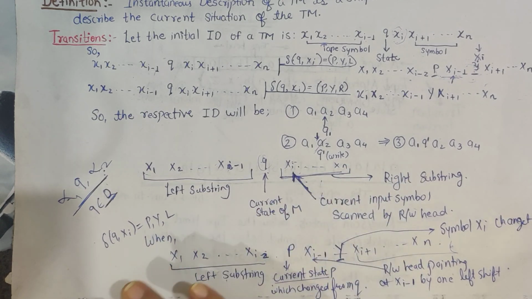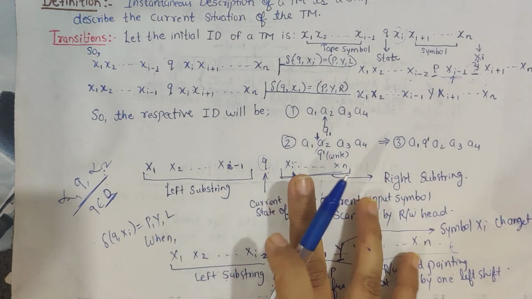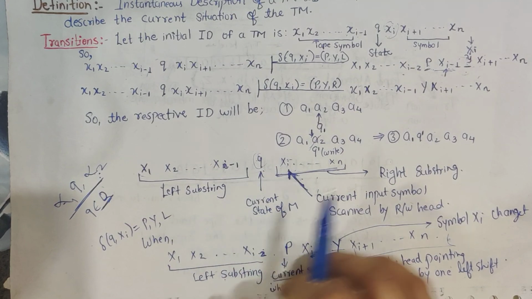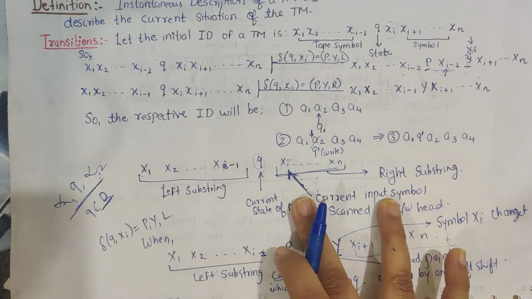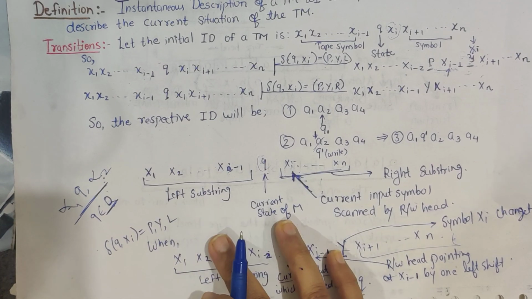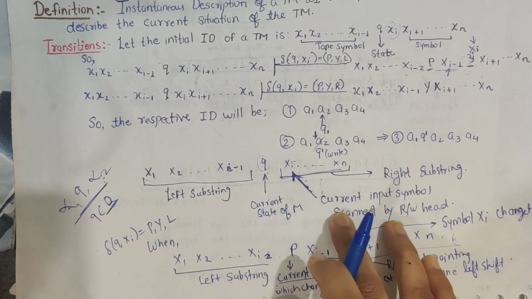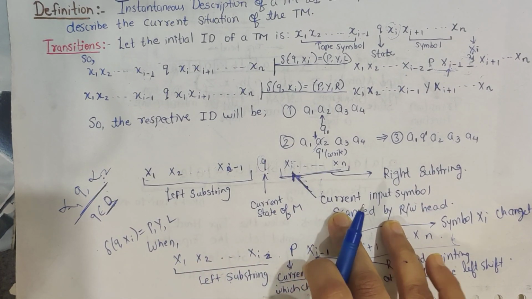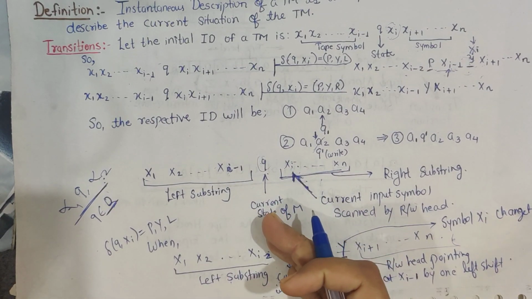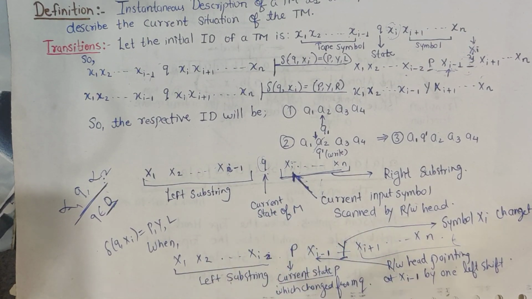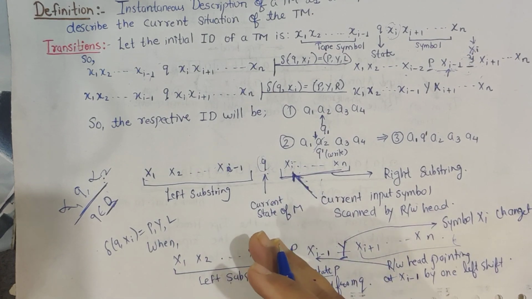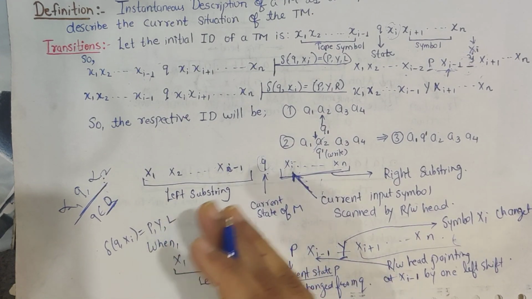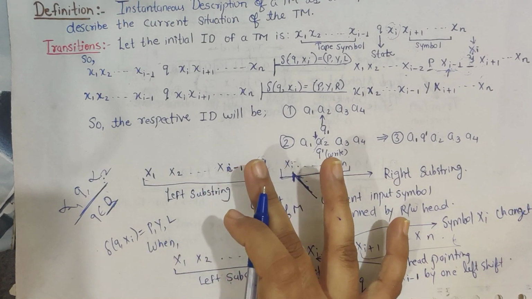Assume that there is a move, and this is how the move is represented. Okay, understand the left substring and the right substring, where the current state of the machine is, and the current input symbol being scanned, and by what state and symbol it is changed, and how it is described. So this is how the instantaneous description of the Turing machine works.